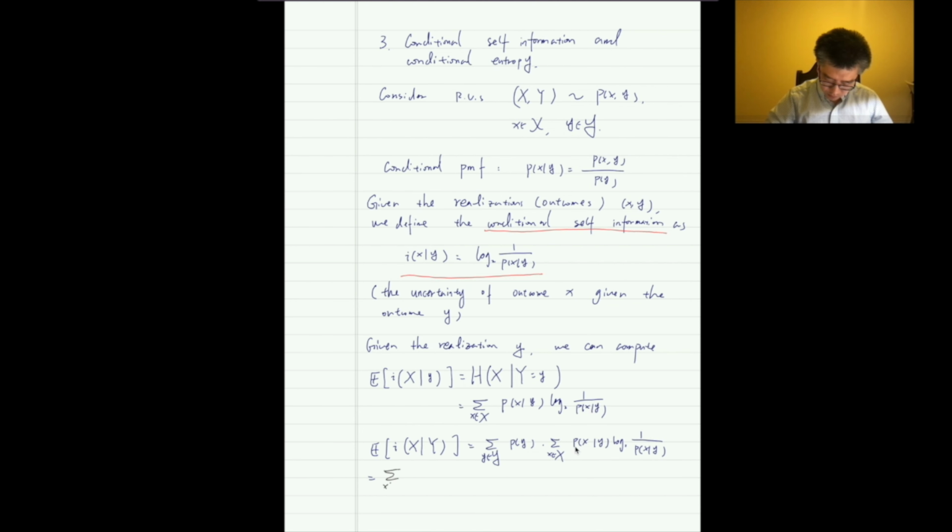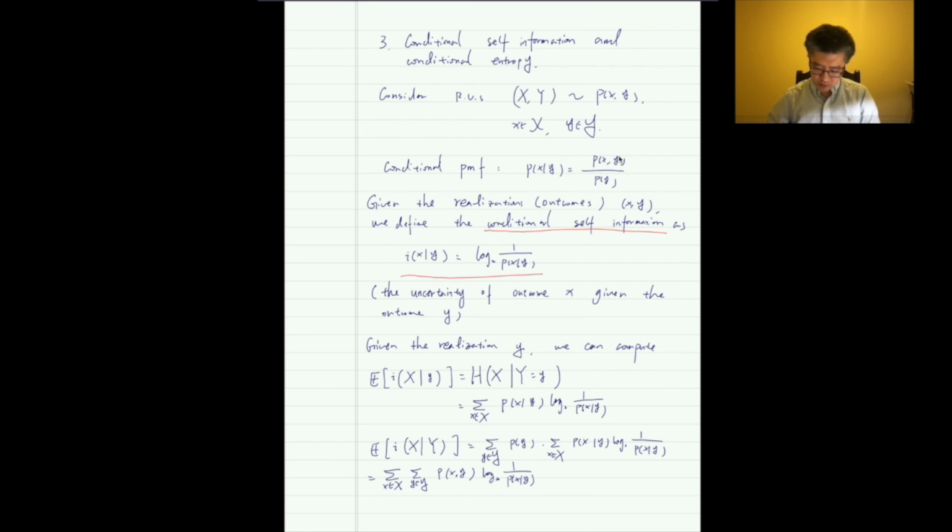Let's say we sum over x first and then sum over y, so it's all finite, and we can do this change easily. We just multiply this inside. Note that p(y) multiplied by p(x given y) equals what? Because of the Bayes rule, p(x given y) multiplied by p(y) is nothing but p(x,y). So we can write p(x,y) here, then log 2 of 1 over p(x,y).